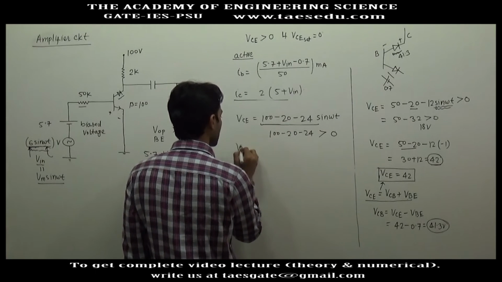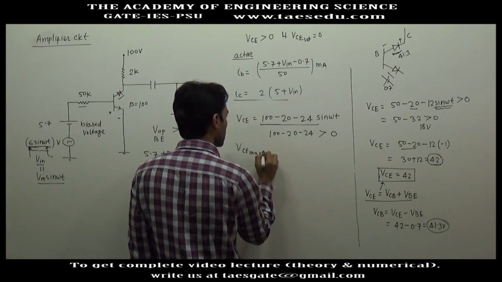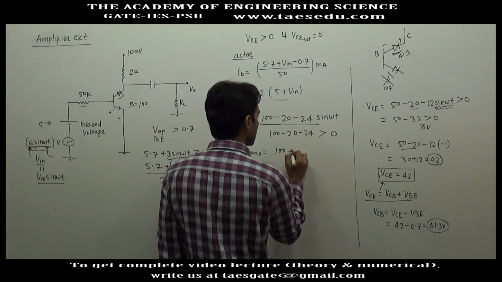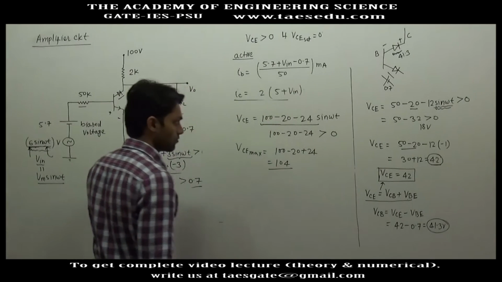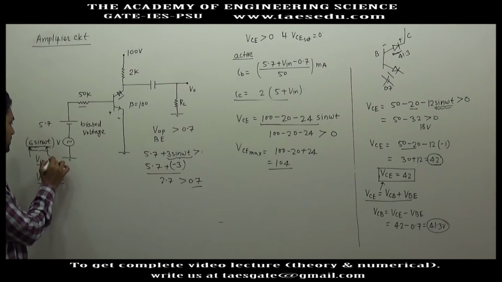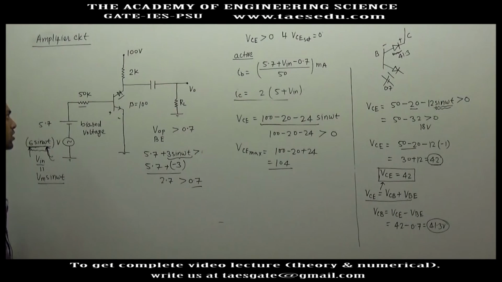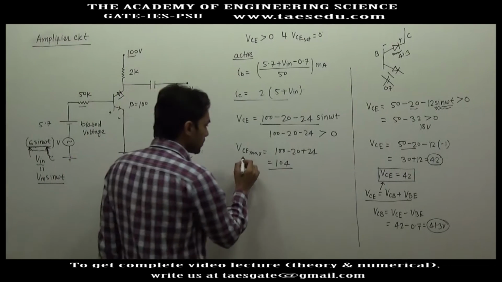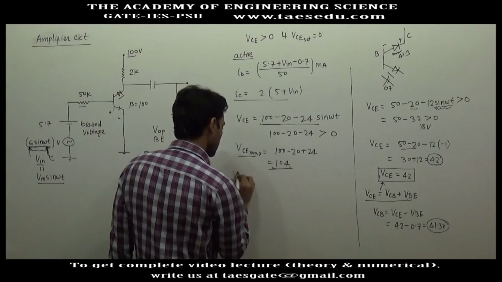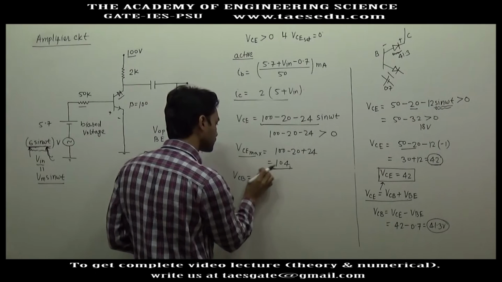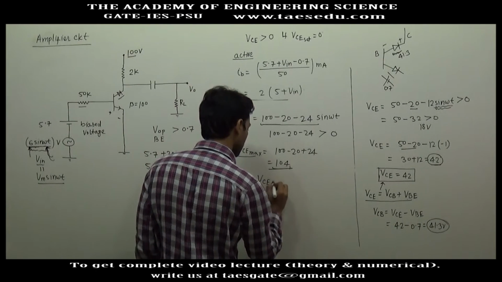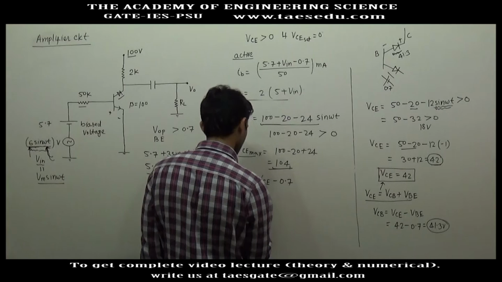And what will be the maximum value of VCE? This will be 100 minus 20 plus 24. So what we are observing here is, if you are increasing the magnitude of the AC signal which is to be amplified, you will have to increase this voltage, and by doing so VCE max is increasing and VCB is nothing but VCE minus 0.7.